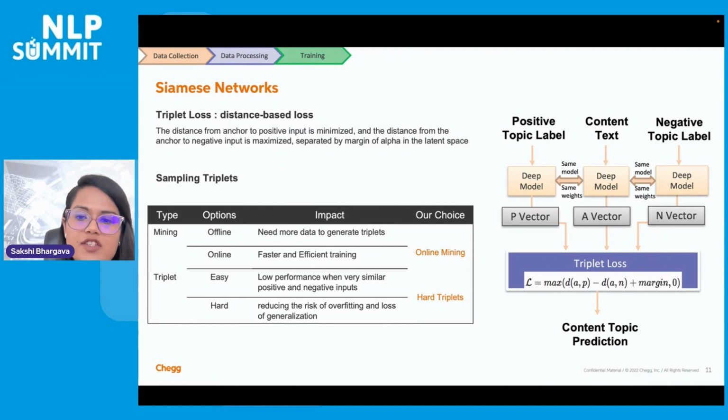With this, the model is trained using a loss called triplet loss. The idea is the same here. It's just to push the encoding of the content and the positive topic close to each other in the vector space, whereas far from the negative topic encoding.